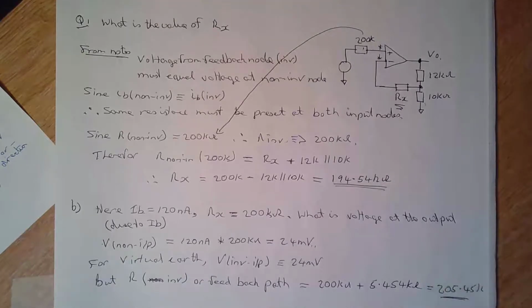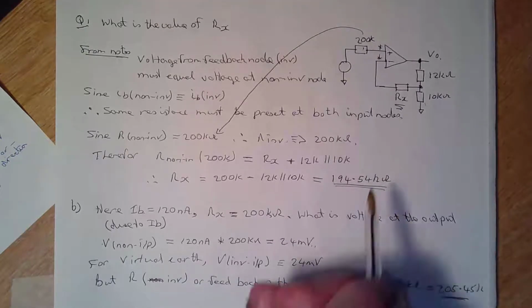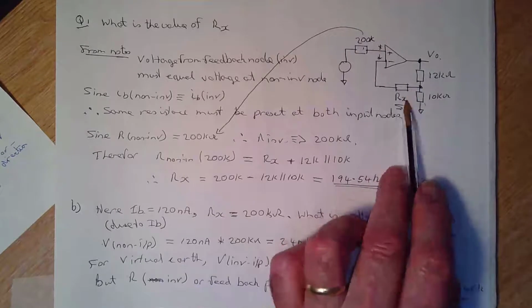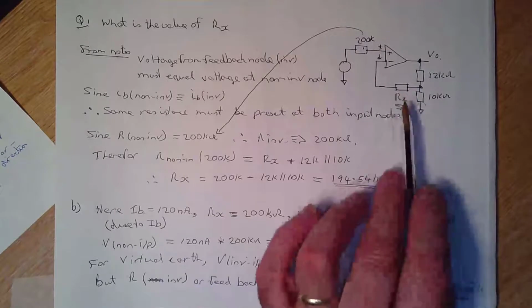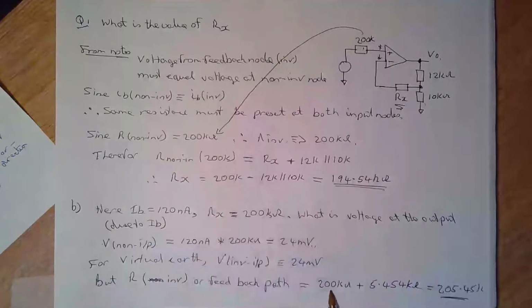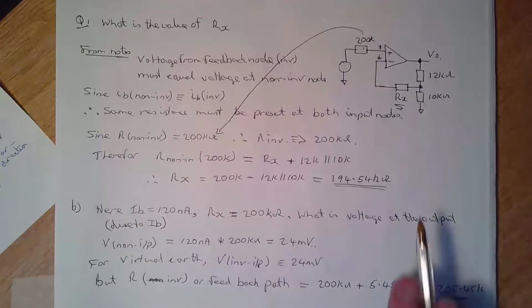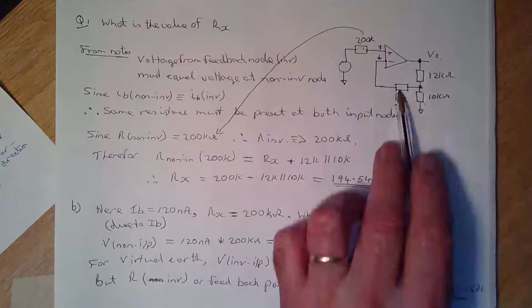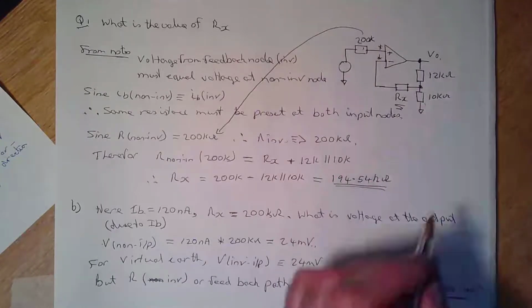This increase of 5.45 is because this resistor is 200 k ohms in part B, and the 5.454 k ohms is the parallel combination of the two feedback resistors.